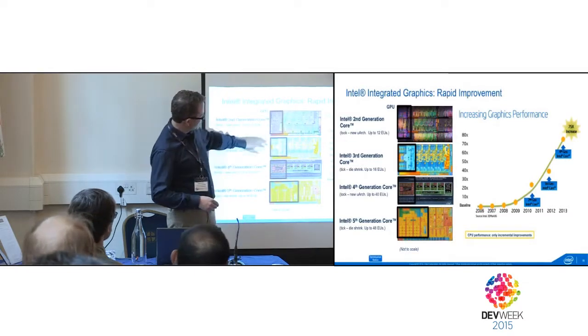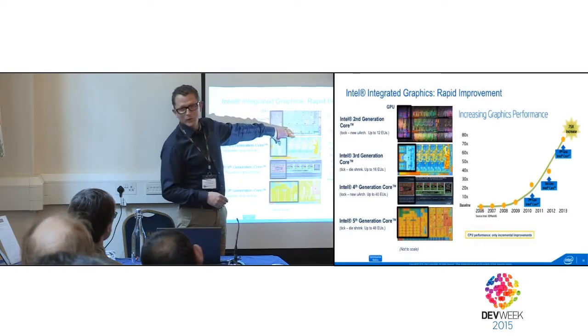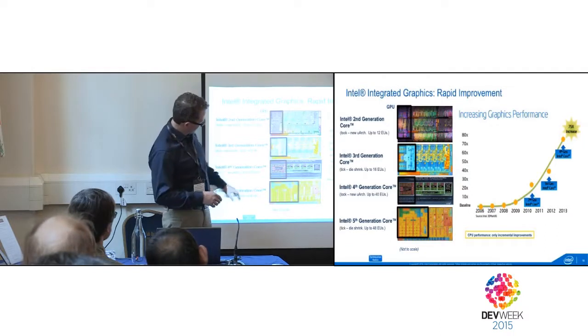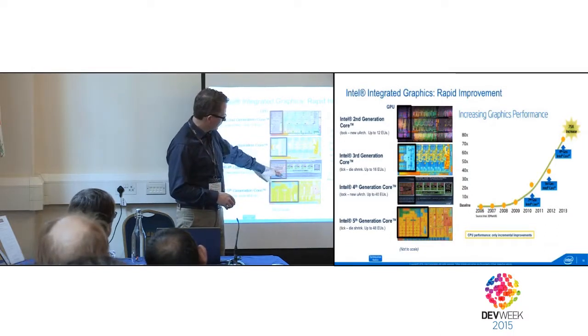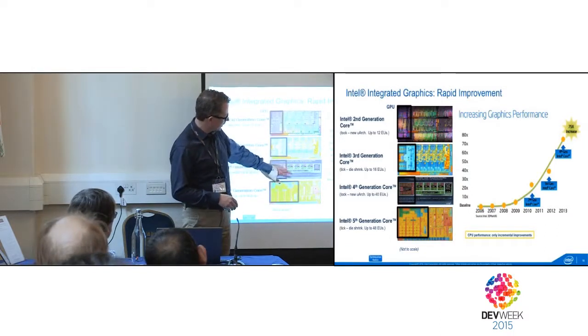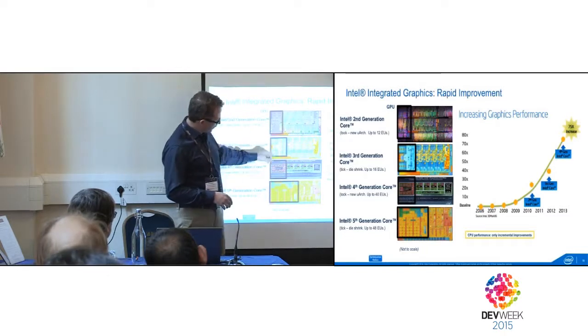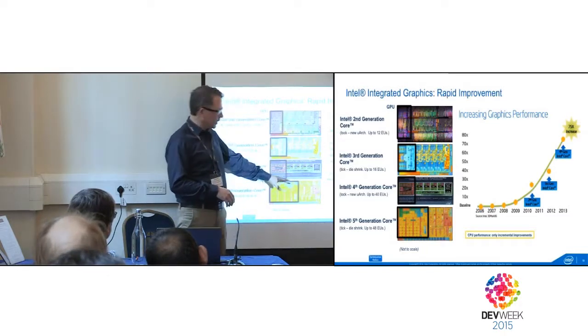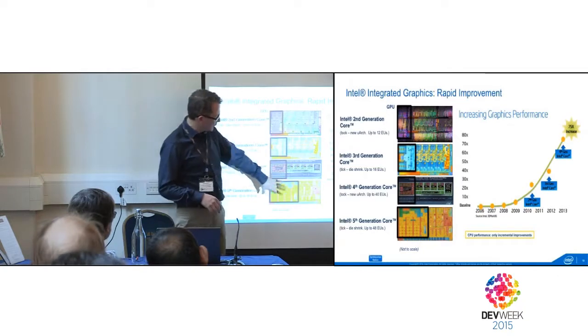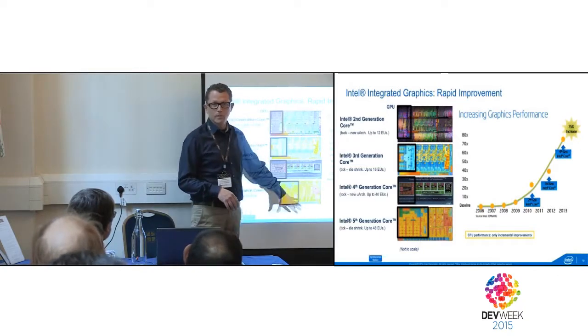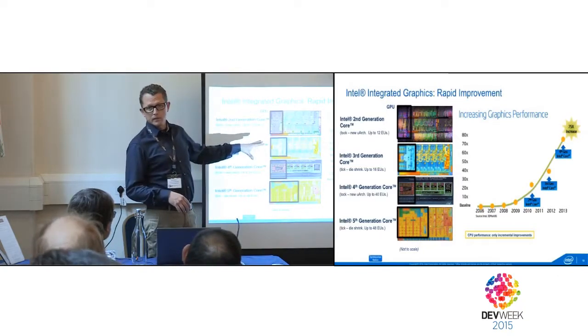Then the next generation, we moved it up to 30%, 33% maybe. Then it stayed at 33%, 40%, and at the current generation we are over 50%. 60% of the processor transistors are for graphics.